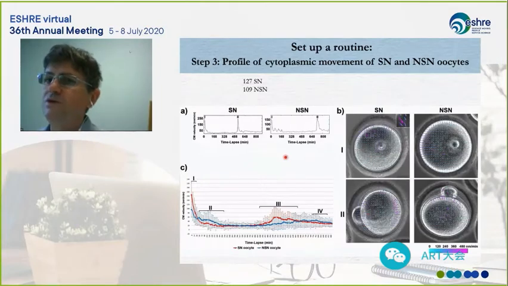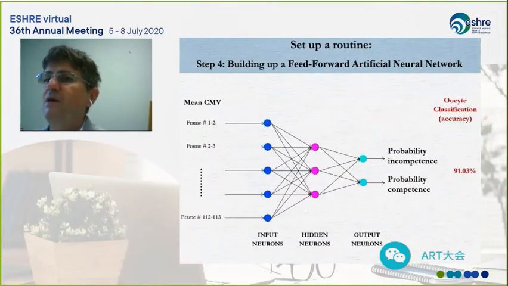This is why we implemented our analysis with a feed-forward artificial neural network, which was trained first with known samples. So we told the system that the frames it was looking at were belonging to an SN oocyte or to an NSN oocyte.